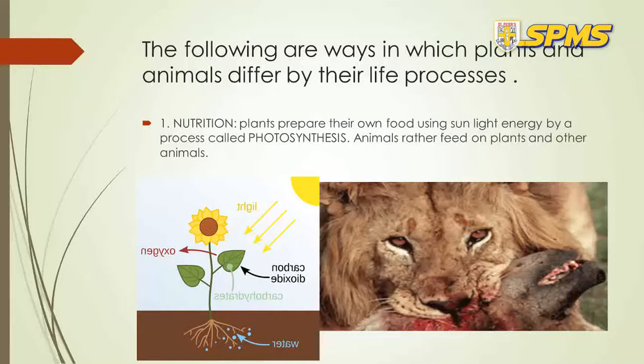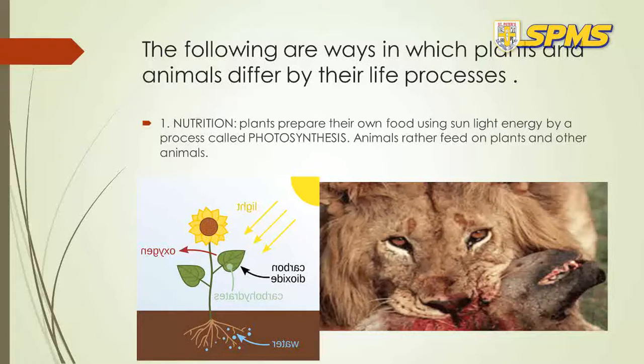Now let us look at the pictures. We see the sunlight pointing towards the leaves of the plants. You can see the sun shining towards the leaves of the plants. So the sun gives the plants energy to produce their own food.